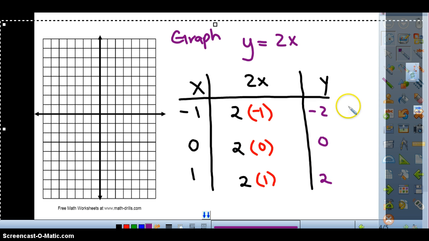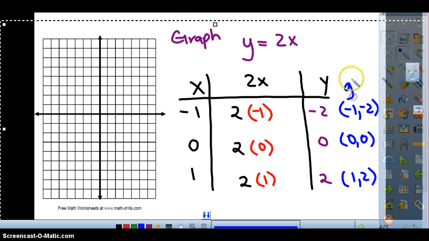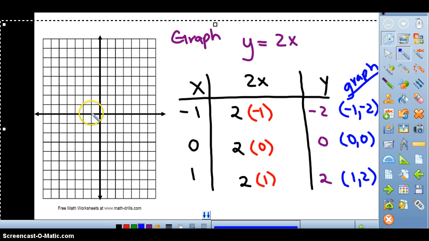What are our ordered pairs now? Negative 1, negative 2, 0, 0, 1, 2. Now I'm going to graph these ordered pairs. Negative 1, negative 2, 0, 0, 1, 2. And we connect our dots.